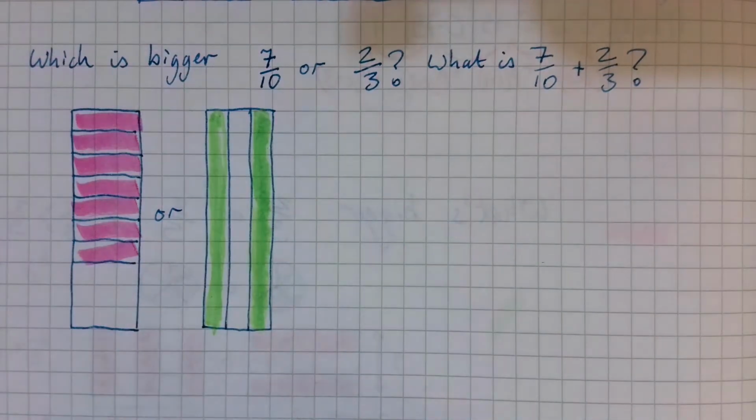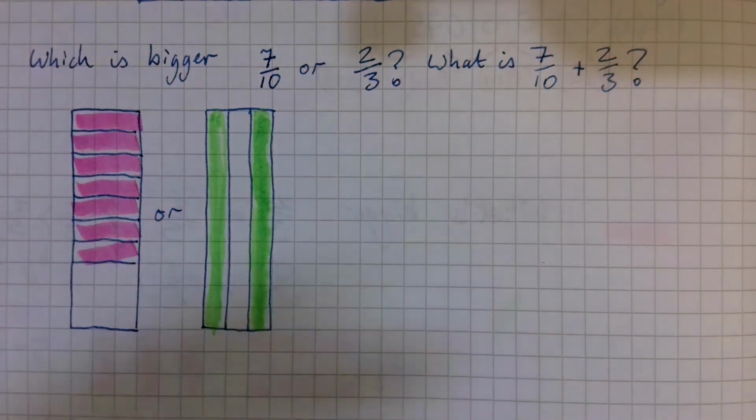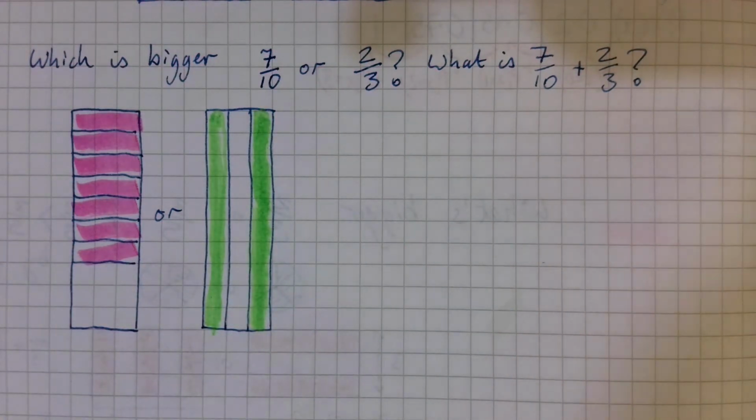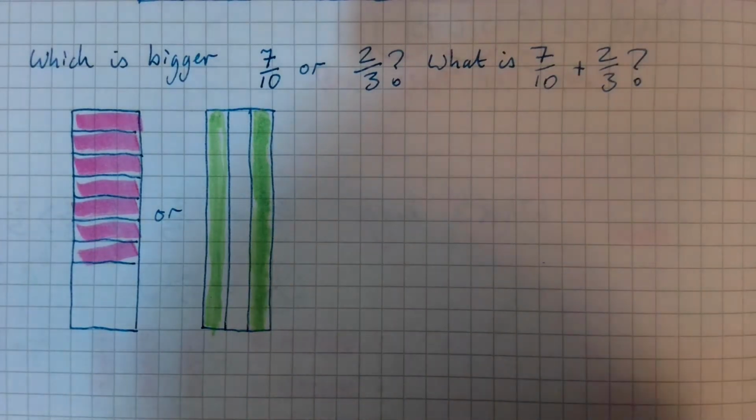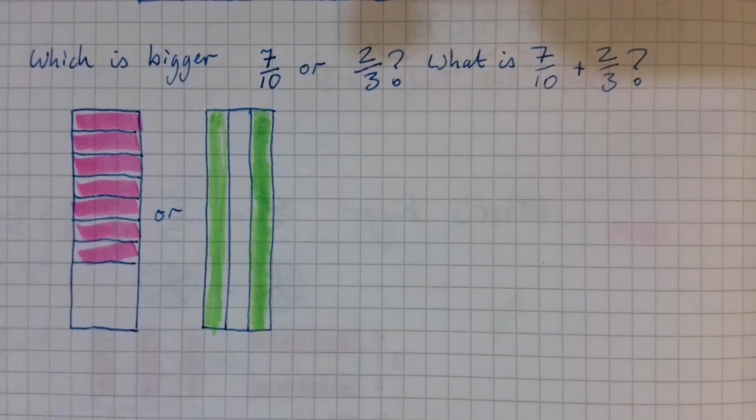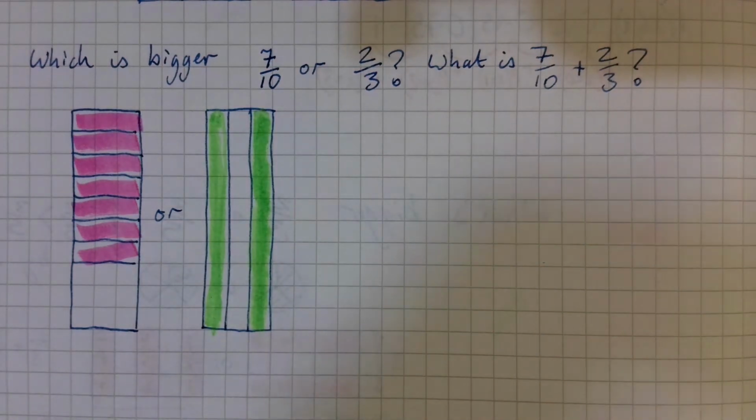So remember, what we're doing here is making it so that our whole can be split into an amount that 10 goes into, and so does 3. And then we can start to look at all of a sudden making the pieces the same size. So we make them smaller so that they can be the same size.